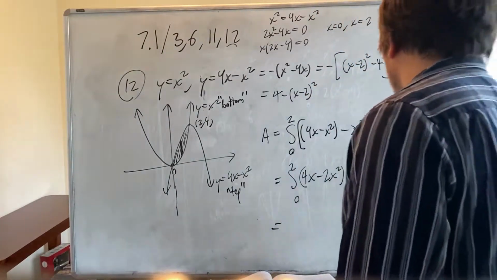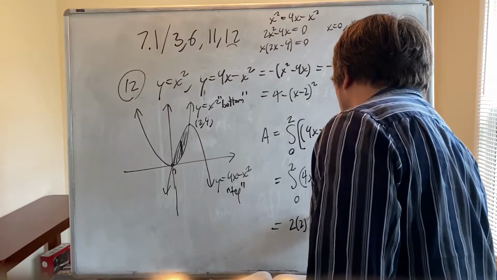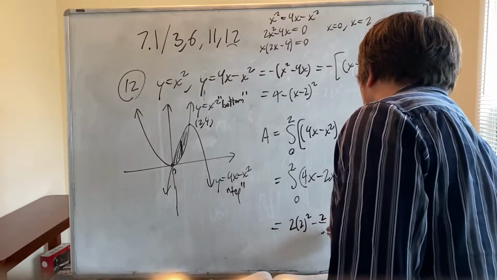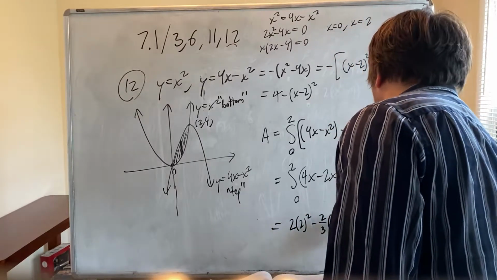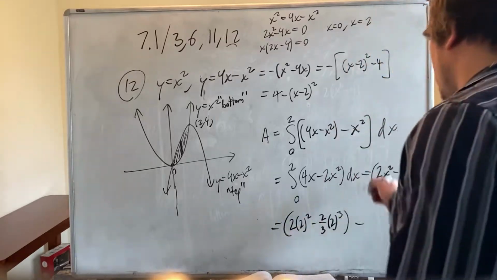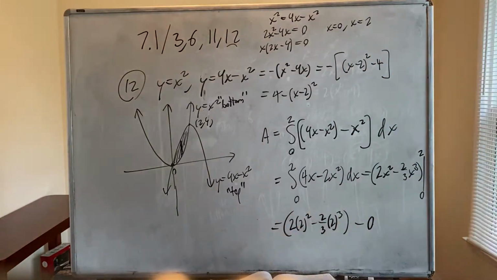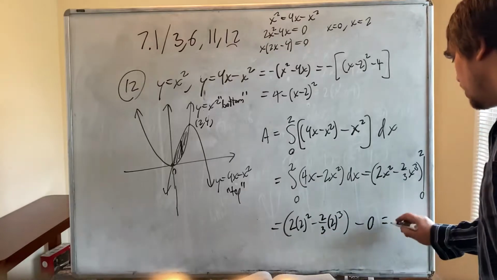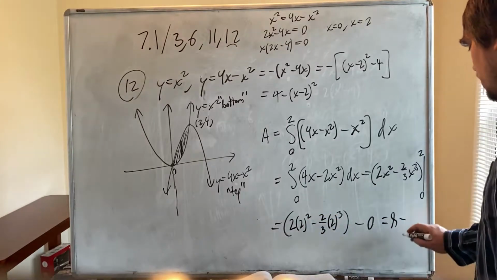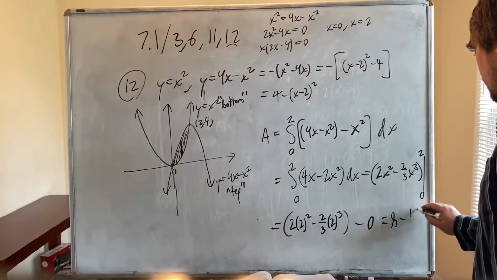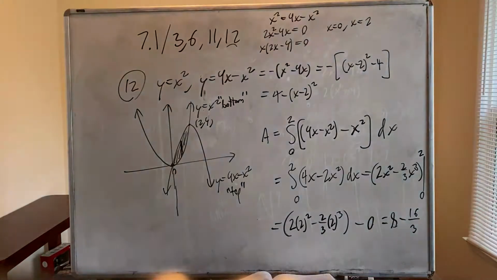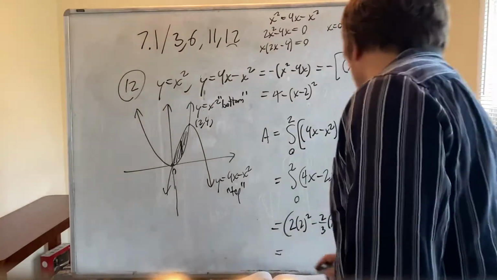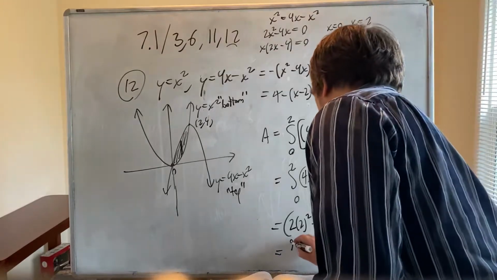Plugging in 2, you get 2 times 2 squared minus 2/3 times 2 cubed, minus plugging in 0, which gives 0. And so this is 8 minus 16/3, so 8 minus 16/3 is 8/3. That's the final answer.